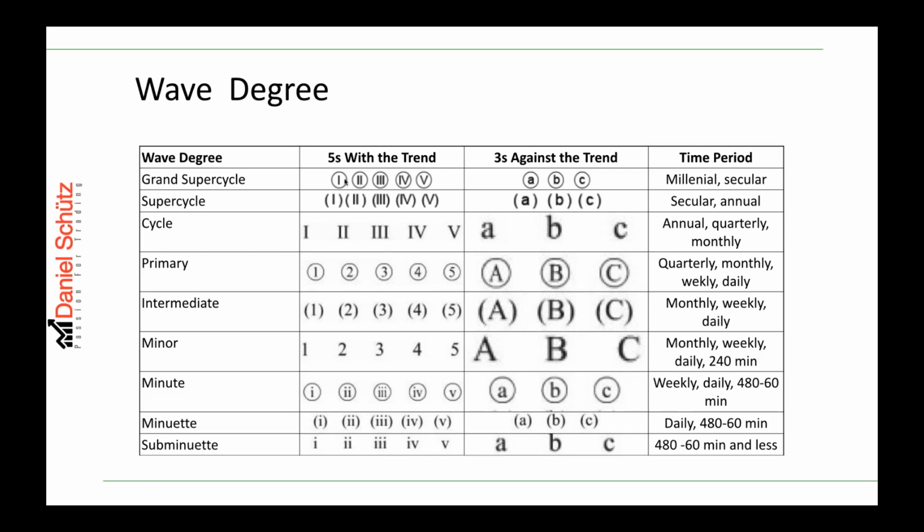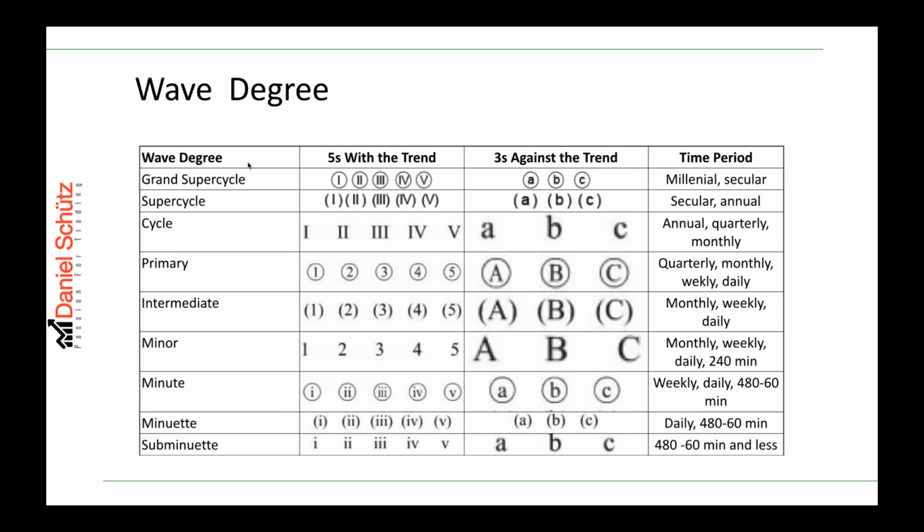So it can happen that there is no 1, 2, 3, 4, 5, but we have other counting systems here, and those mean we have different wave degrees.